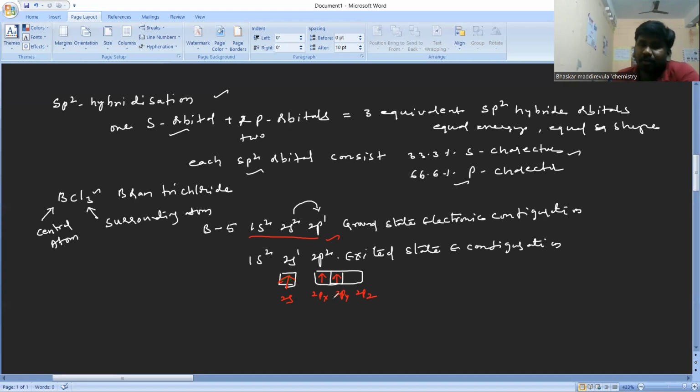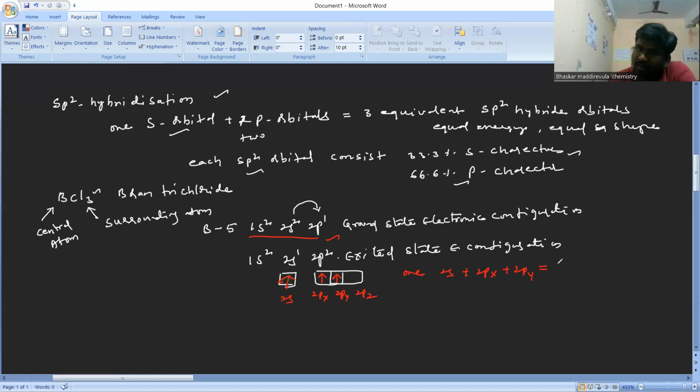That means one 2s orbital plus 2px orbital plus 2py orbital are involved in the hybridization.